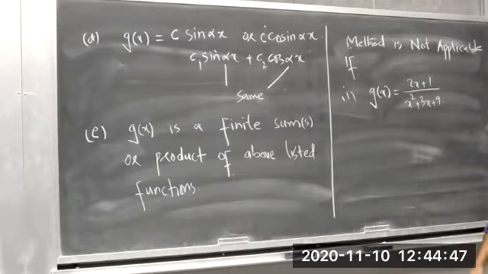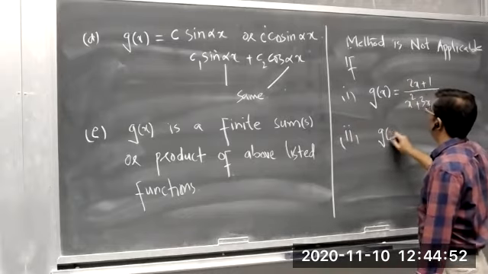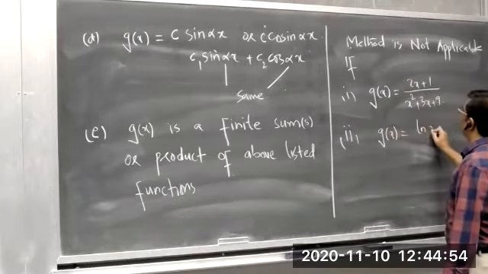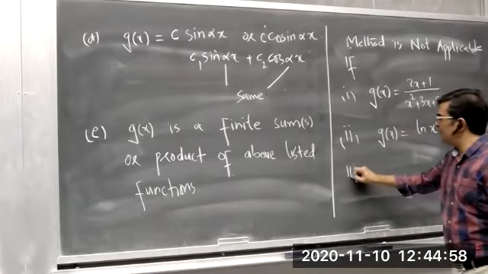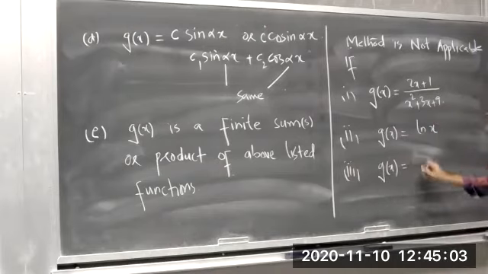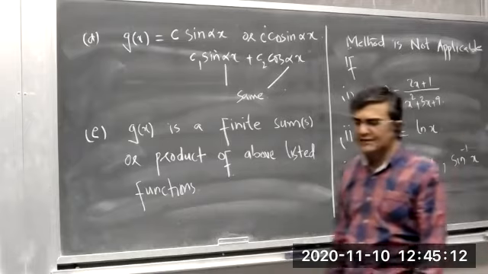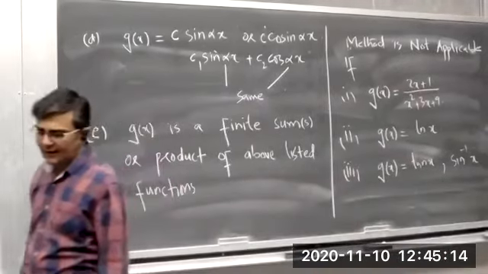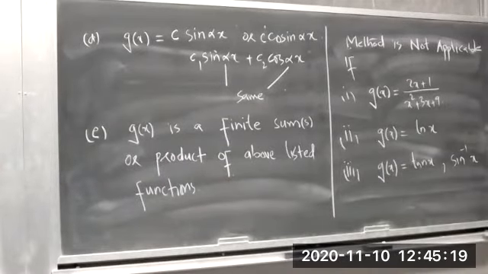Then this method is not applicable. Second, g of x involves natural log or some kind of log. This method is not applicable. Third, g of x is tangent of x, not applicable, or sine inverse x, not applicable. So these are the functions for which this method is not applicable.